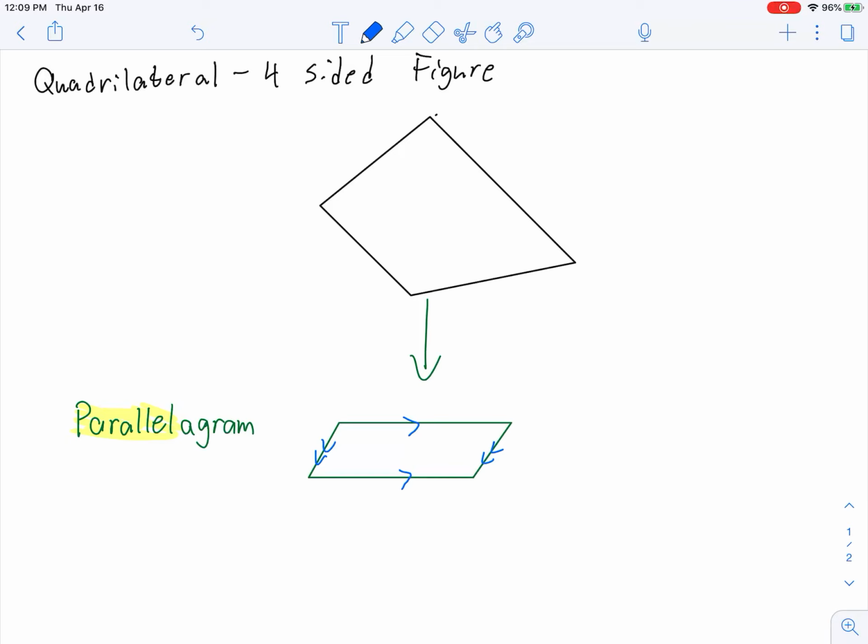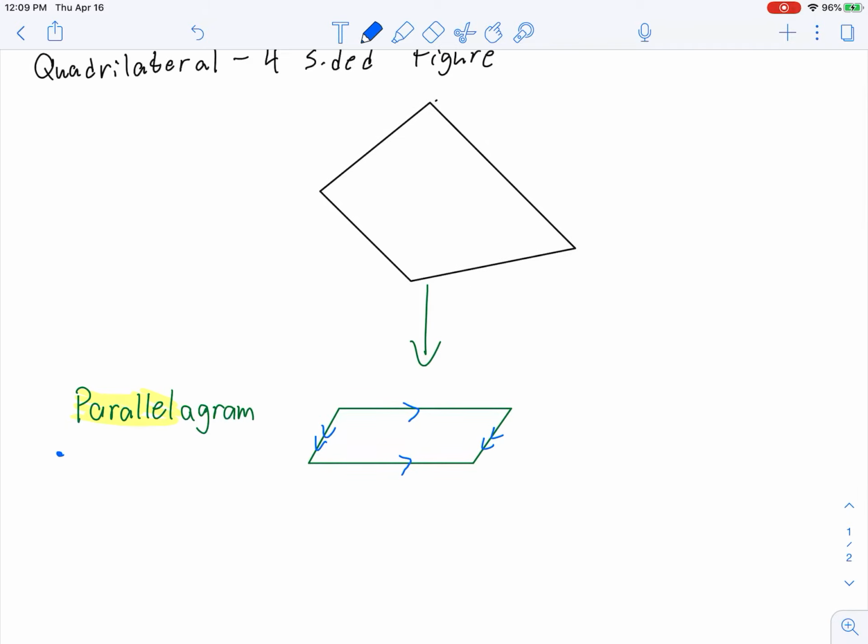Okay, so with a parallelogram, a way we can describe it is it is a quadrilateral with two pairs of parallel sides.